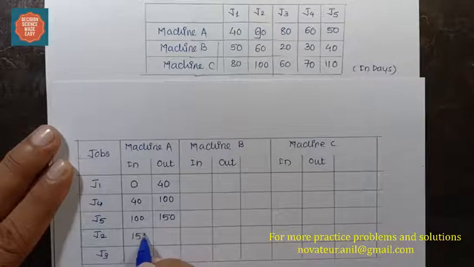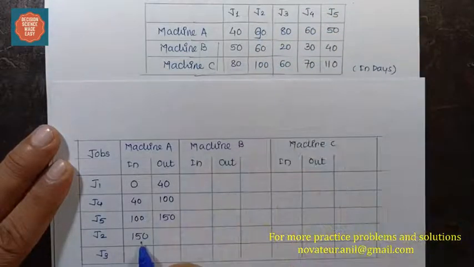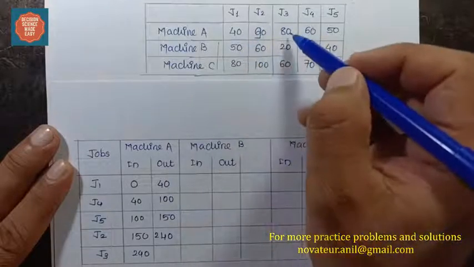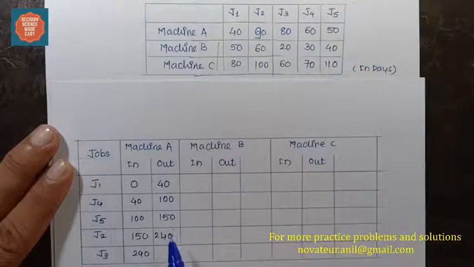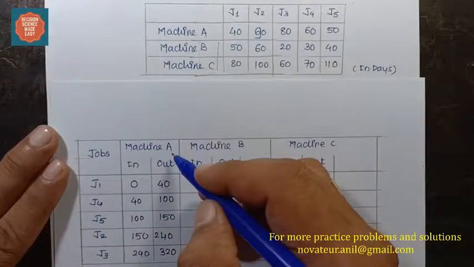Similarly, next is J2. J2 value is 90, so 150 plus 90 is 240. J3 is 80 plus 240, which is nothing but 320. So these are nothing but the out times for machine A.